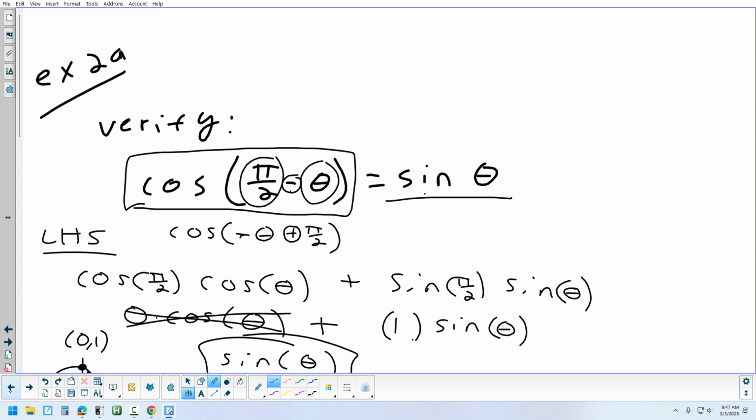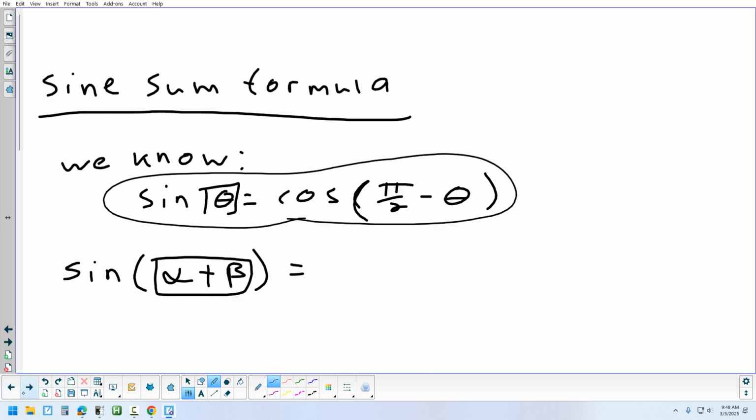Negative theta plus pi over 2. This is, well, negative theta plus pi over 2. Yeah, that's the same thing. So we did prove that. Okay. That was an earlier example. We proved that what's on the left equals what's on the right. So now, let's see if we can rewrite a sine problem as a cosine problem.